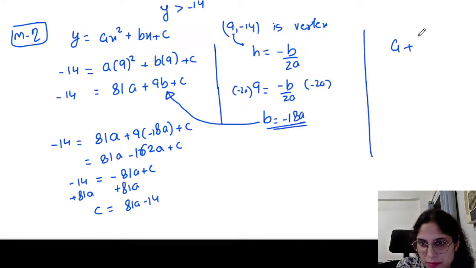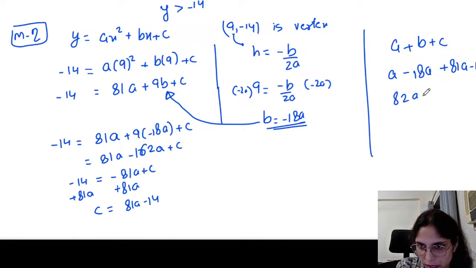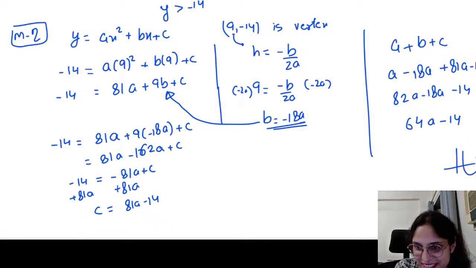And now a plus b plus c is going to be a minus 18a plus 81a minus 14, which is 82a minus 18a minus 14, so 64a minus 14. That's what you're getting. And now they're saying that because it is intersecting the x-axis at 2 points, a is going to be greater than 0.